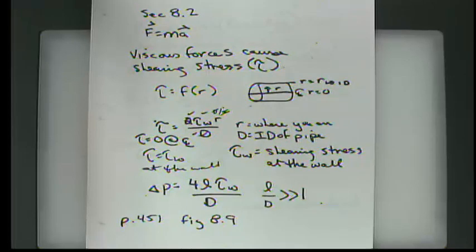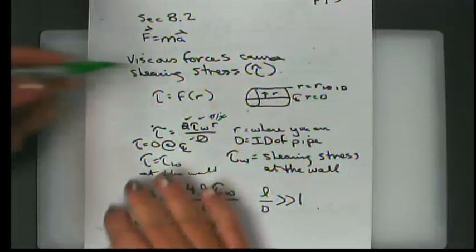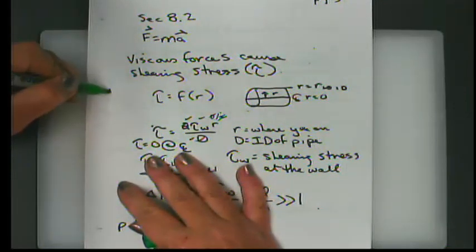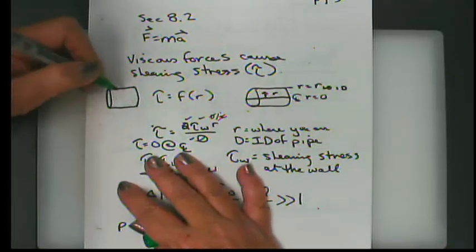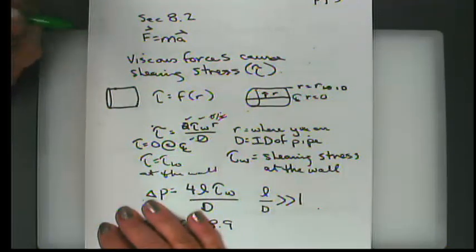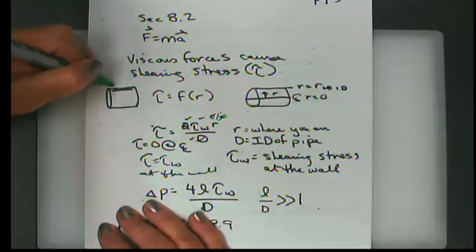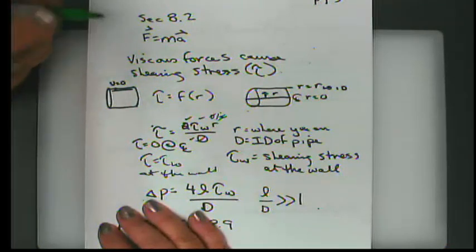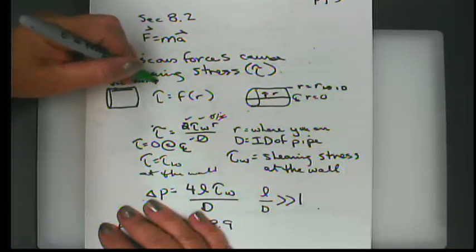And if we look at that for a fluid element, what we find is that as fluid moves through a pipe, and we're talking about laminar flow, at the edge of the pipe, where the first little lamina of fluid touches the pipe, we have a velocity equal to 0. And that is referred to as the no-slip condition.